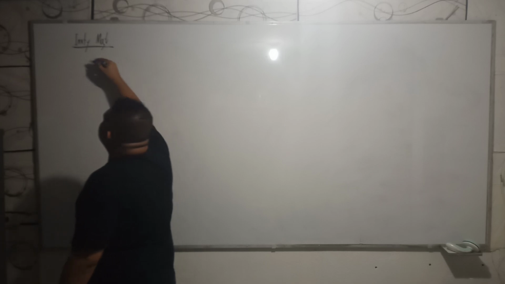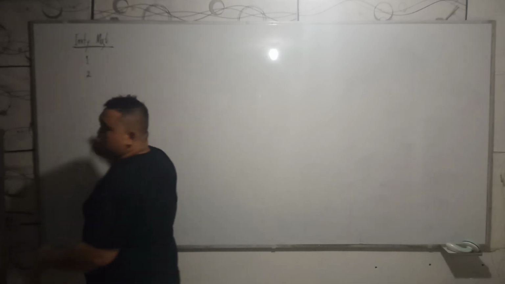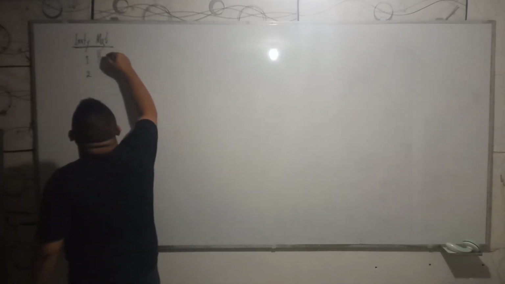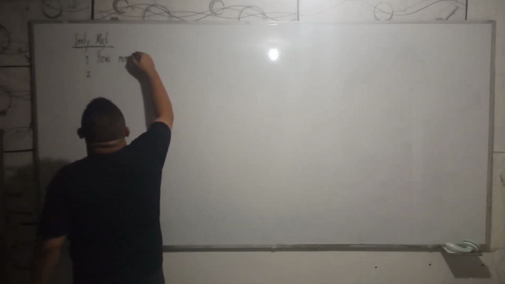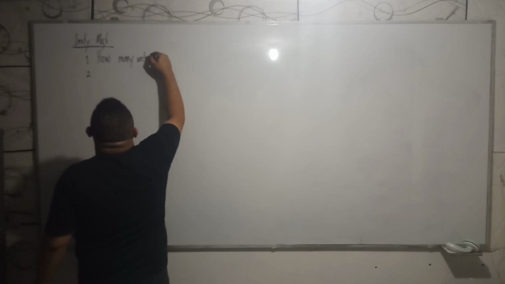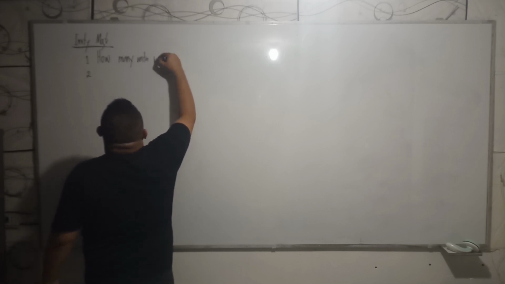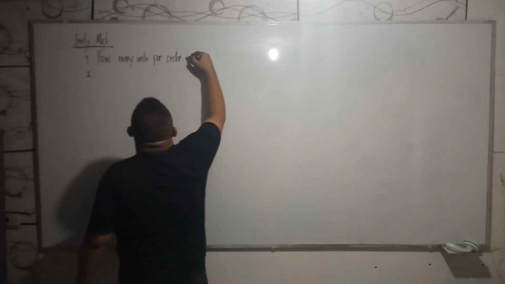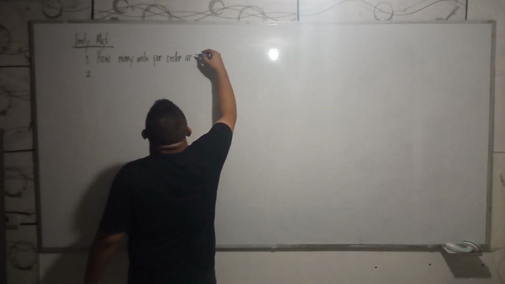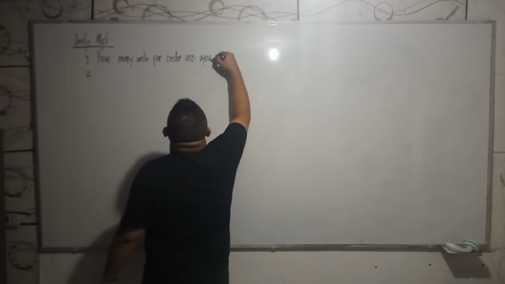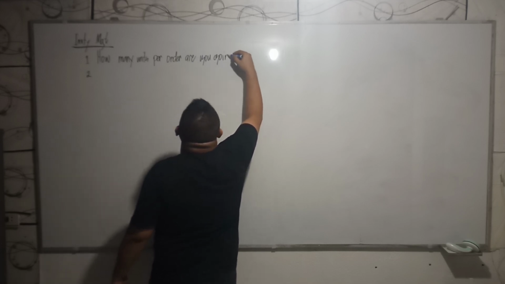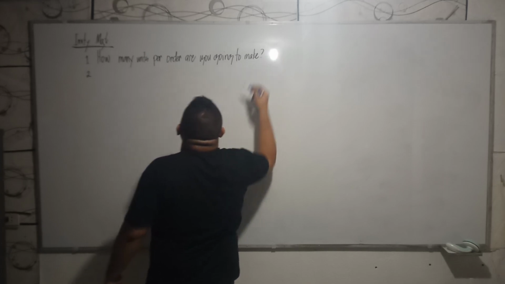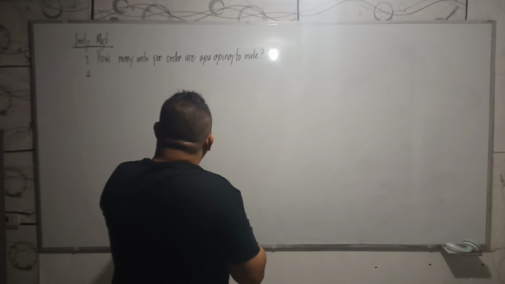Actually, this particular topic is centered on two questions only. First is how many units are you going to order? So how many units per order are you going to make?